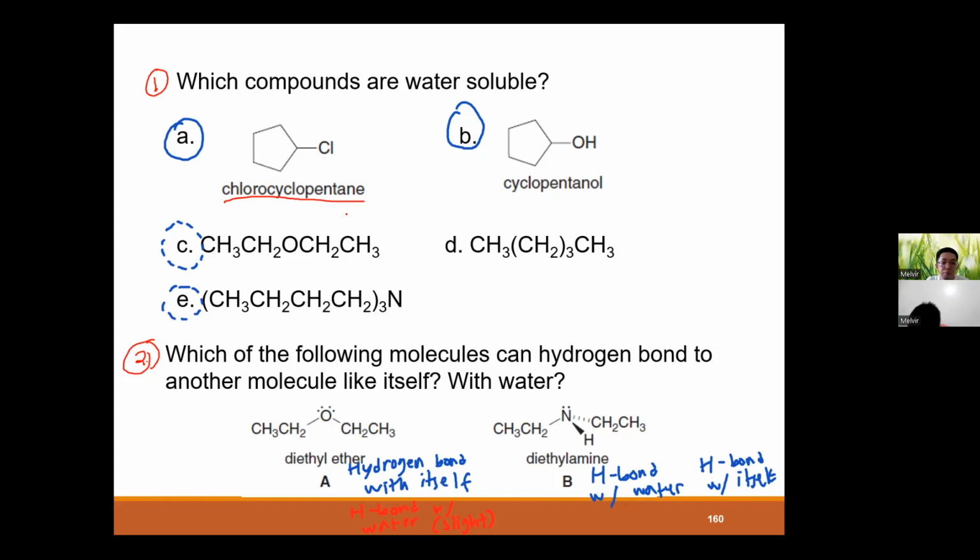Because it is chloro. May chloro po siya. Tapos, chlorine enough yun for you to say that the chlorocyclopentane is soluble in water? Yes, I would say po it's enough. Okay, sige.